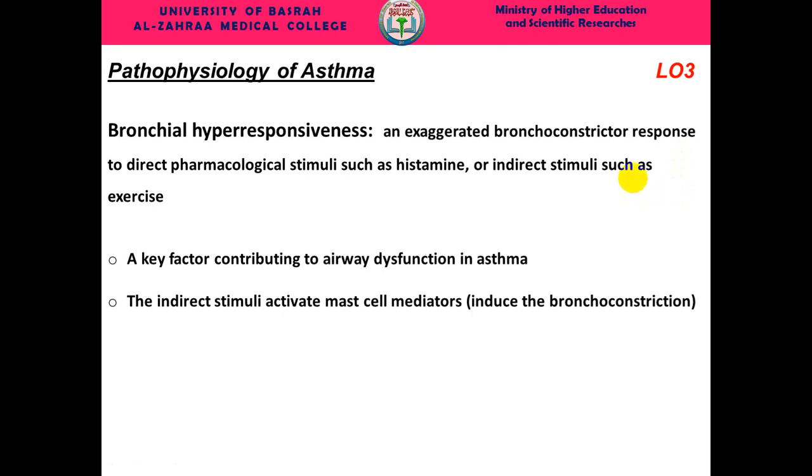So a patient with asthma, when he exercises, will get worse. A key factor contributing to airway dysfunction in asthma is bronchial hyperresponsiveness. And the indirect stimuli, like exercise, will activate mast cell mediators and will induce further bronchoconstriction, and the patient's condition will get worse.